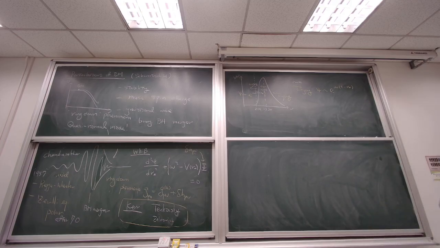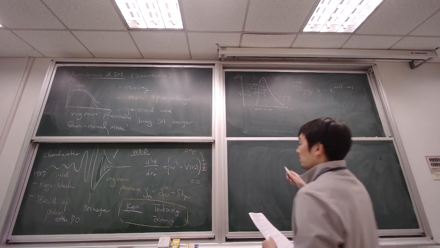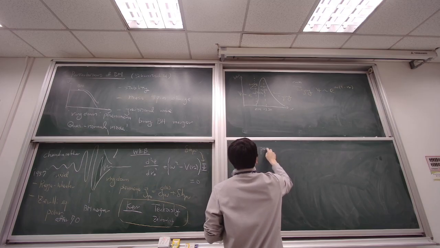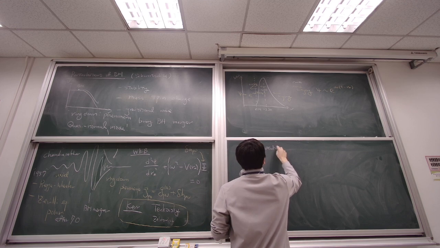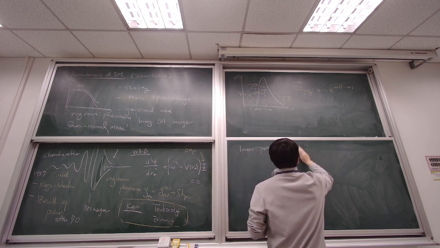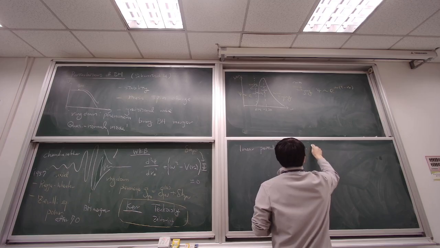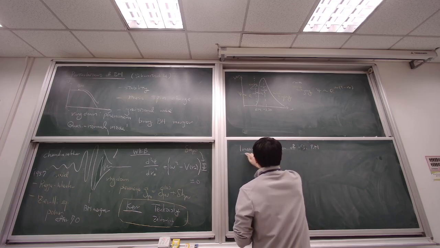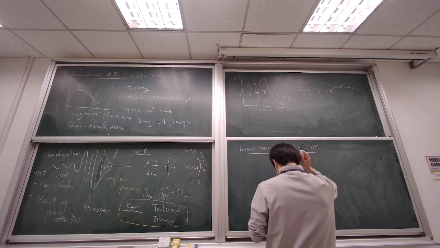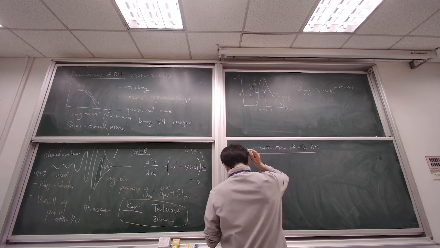Fine. So let's consider linear perturbation of a Schwarzschild black hole. What is this perturbation?